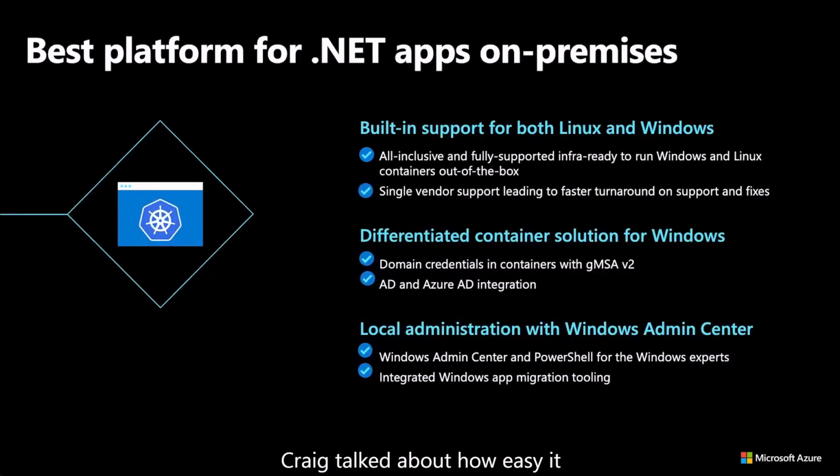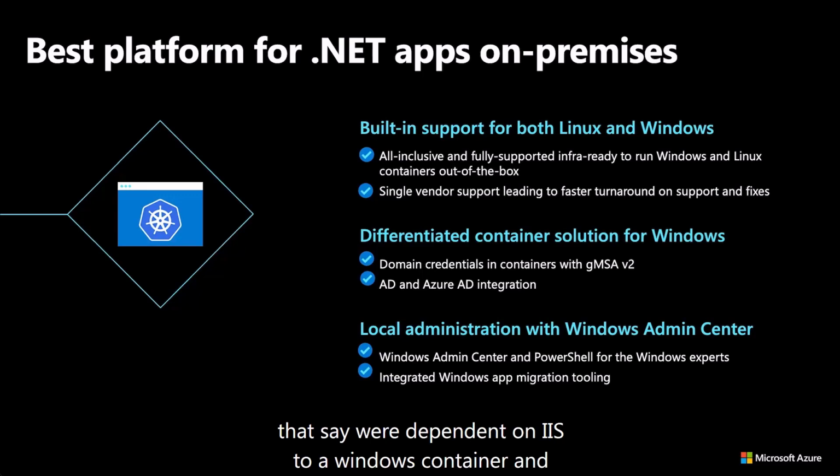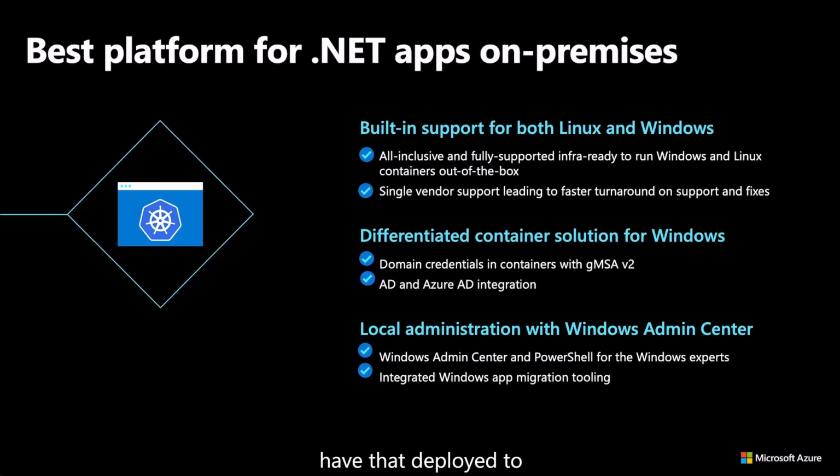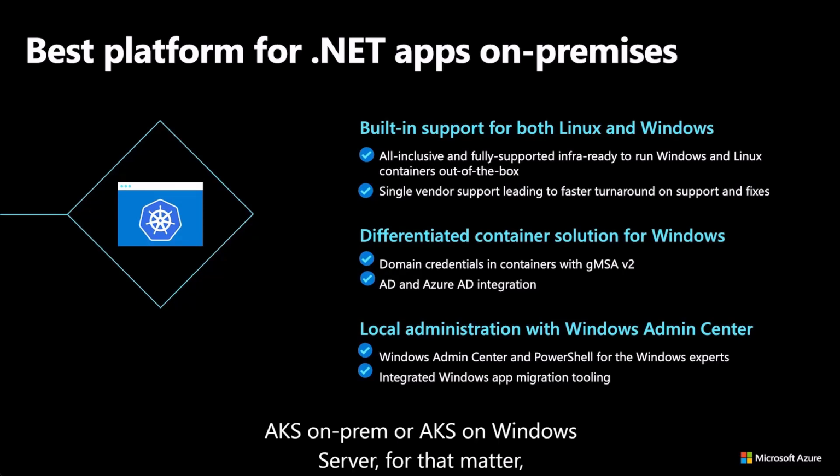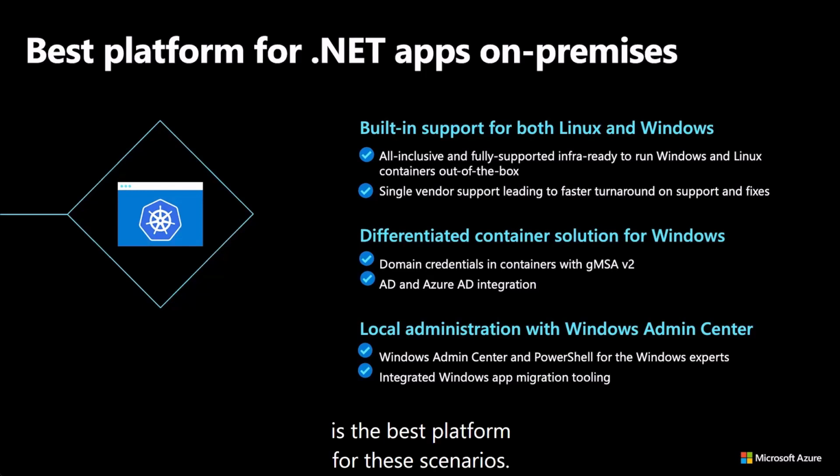So Craig talked about how easy it is to move your .NET applications that were dependent on IIS to a Windows container and have that deployed to a container orchestrator like Kubernetes. So AKS on-prem or AKS on Windows Server for that matter is the best platform for these sorts of scenarios.